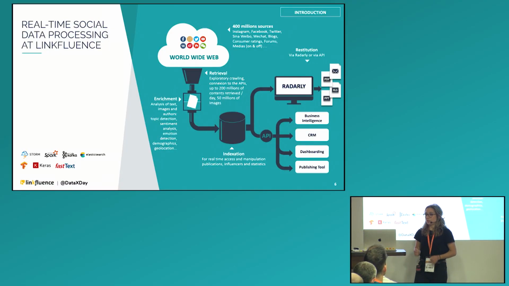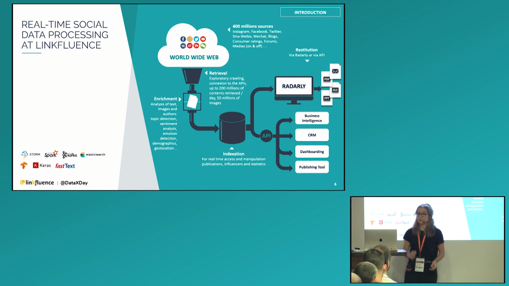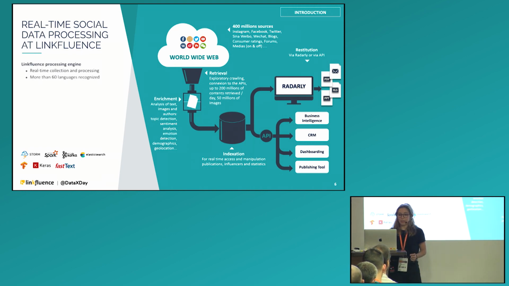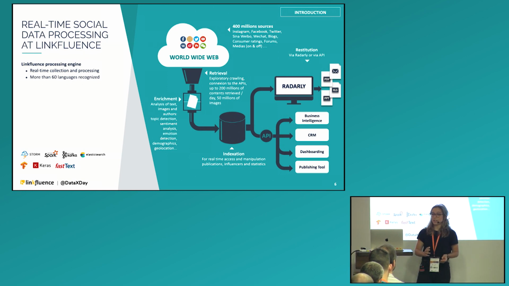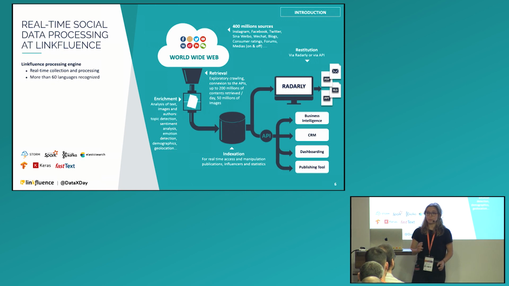To deep dive a little bit on our processing engine, it is summed up in this diagram in a quite simplified way. So our pipeline is ingesting a lot of data either through our crawlers or by connecting directly to the data vendors' APIs from a lot of different sources. Could be web, forums, social data platforms, and so on. All this data retrieved, which represents millions of documents per day, is then sent to our enrichment pipeline.